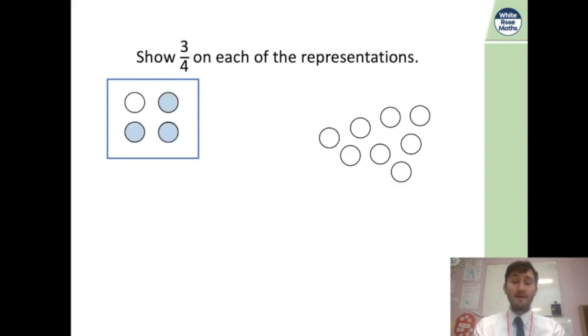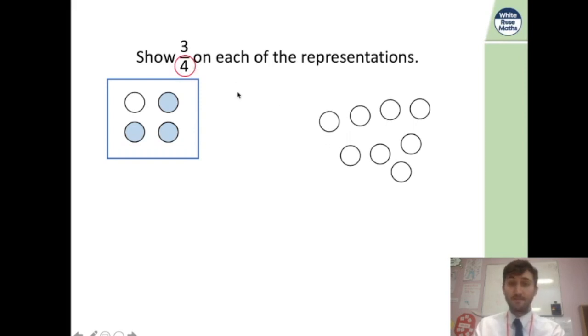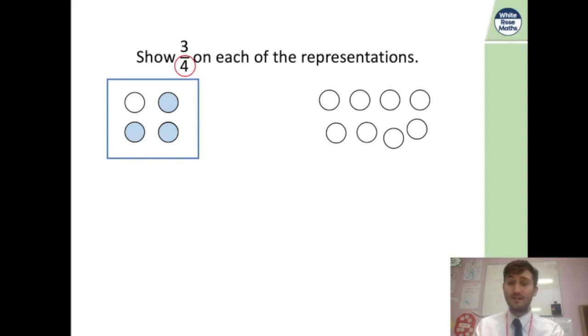Okay, so now it says show 3/4 on each of the representations. Here I've got 3/4 shaded in, nice and easily, but now we've got 8 circles over here. So that is a bit different to our denominator. To make things easier, I am going to put these into rows of 4, because I've got 4 as my denominator, just like so. And now I'm going to circle 4 separate groups.